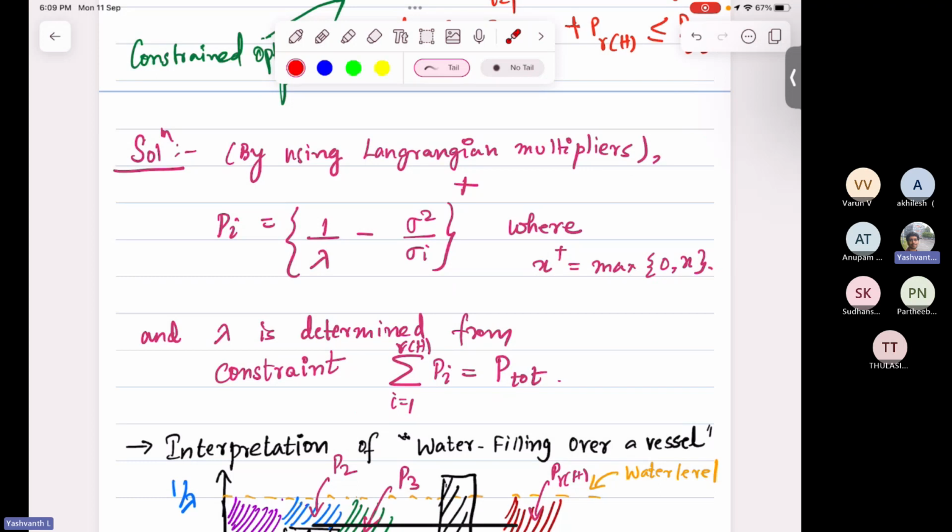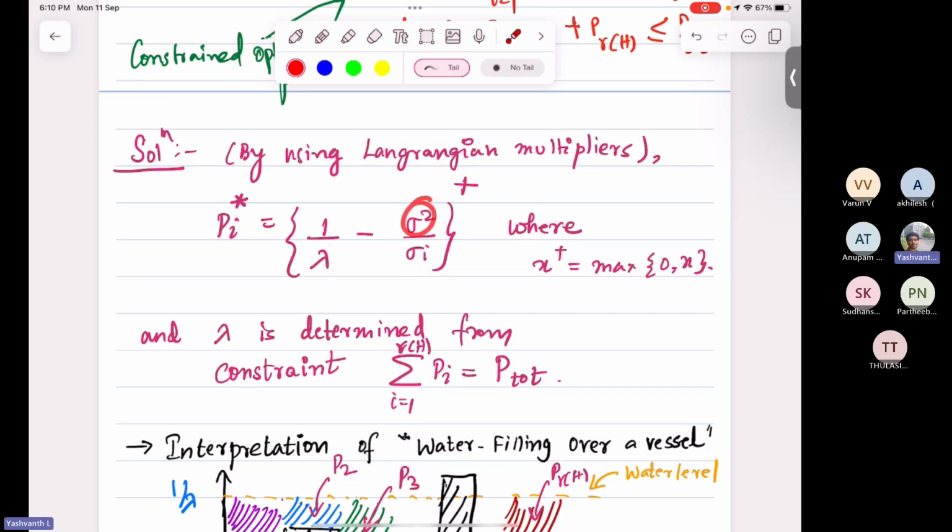So P_i, that is the power allotted, I will put a superscript star, which means optimal. P_i star means the optimal P_i for the ith stream. P_i star is given by this particular term: 1 by lambda minus sigma square divided by sigma_i square.